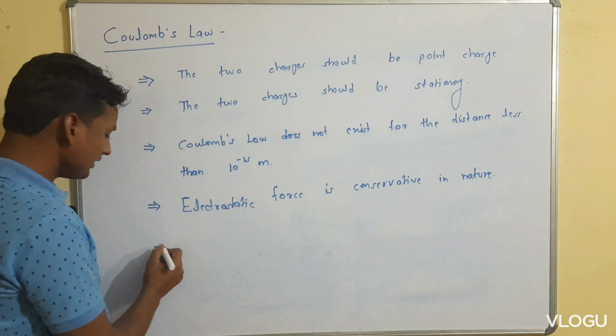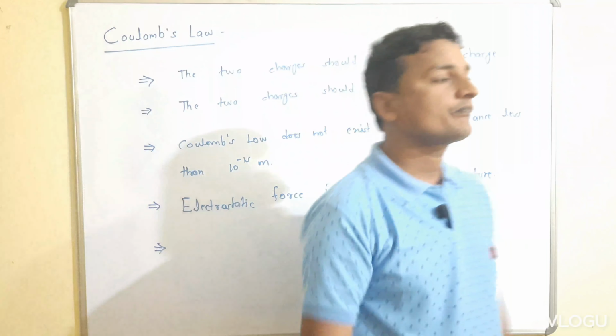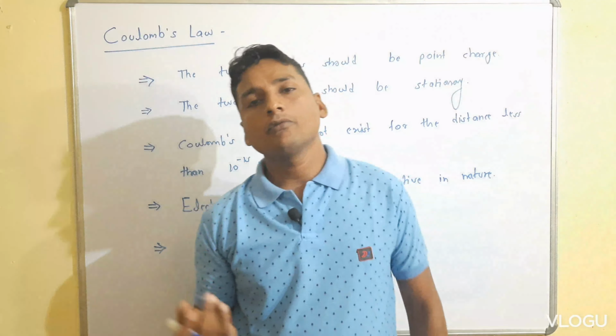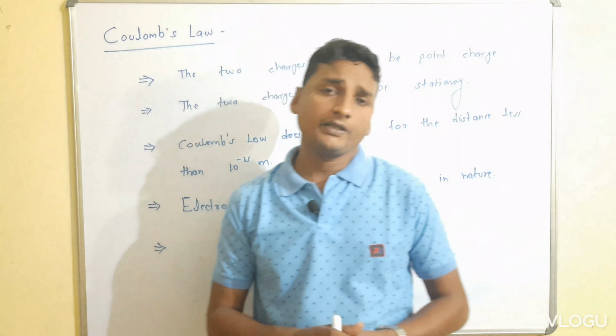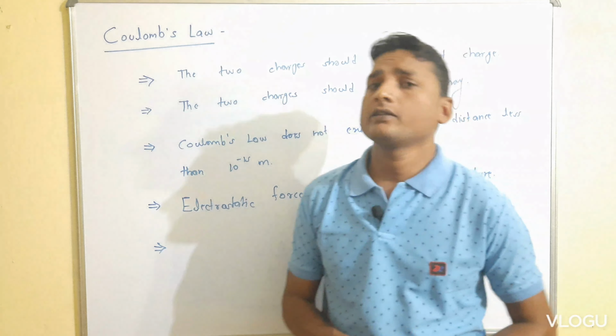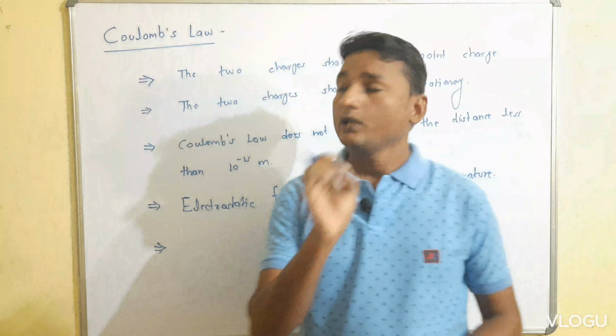The next one: when we talk about Coulomb's law, it is similar to Newton's gravitational law. But in what aspect? In the aspect that both of these laws are inverse square laws.